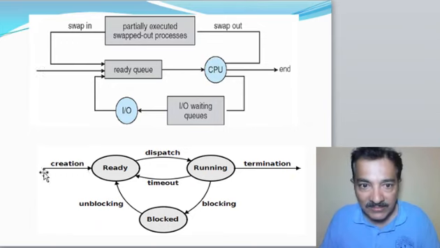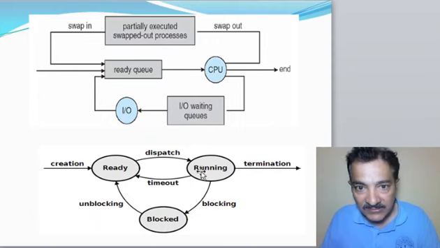So here is the creation, and this is basically the creation. It's a ready queue and this is the ready. And this dispatch is what is given for execution in the CPU, and the CPU and the running are the same.